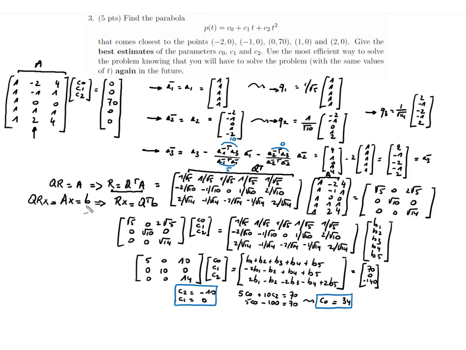So the original problem that we have to solve is this one. We can write A as QR, and if you take this equation and you multiply on both sides by Q transpose, what you'll have here is a system under this format.